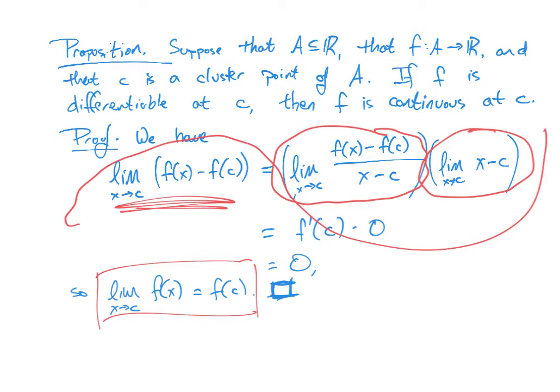Because we know the limits over here on the right exist. We know these guys exist, and that's how we know that the limit over on the left exists. The guys on the right, we know they exist: the first one because we assumed we're differentiable, and the second one because we assume c is a cluster point. Is that okay?